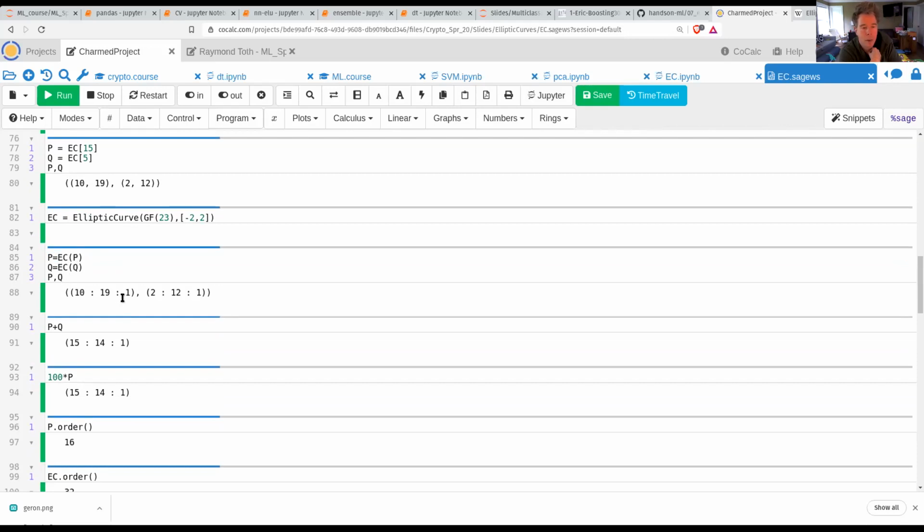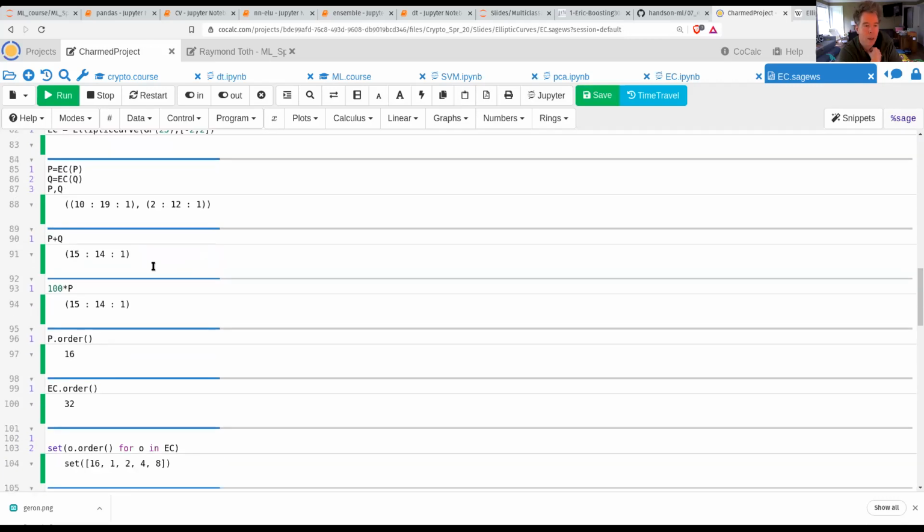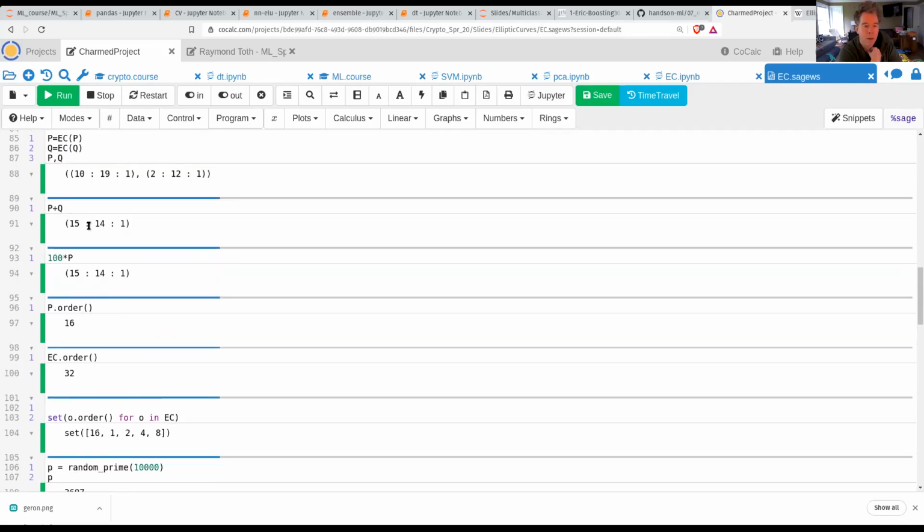So you'll see now they have a third coordinate. They're the same as before, but now they have a 1 here, and that 1 is just notation that expresses whether the point is at infinity or not. It's 1, so these are finite points. If you take their sum, then you get 15, 14.